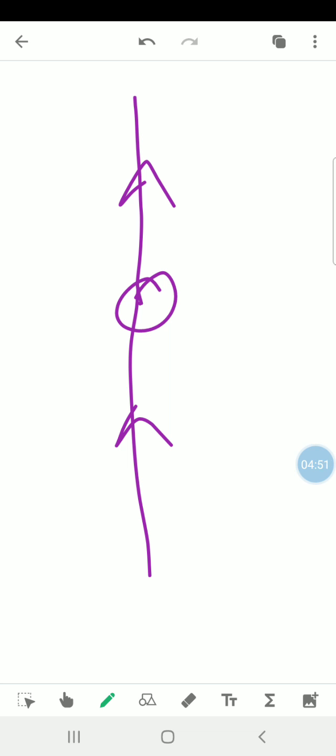According to Newton's first law of motion, unless there is an external force acting on it, it will either travel in the same direction or else stay stationary. But in this case, because it was moving, it will continue to move.